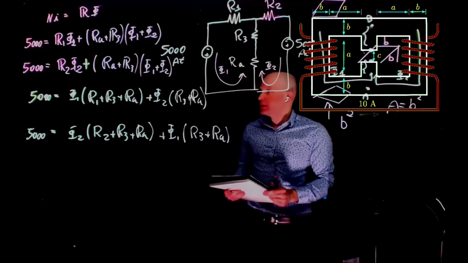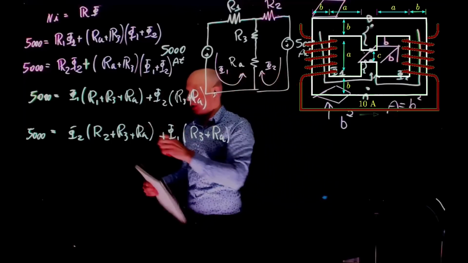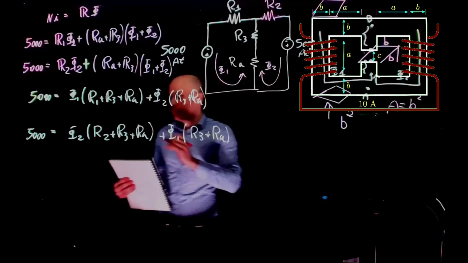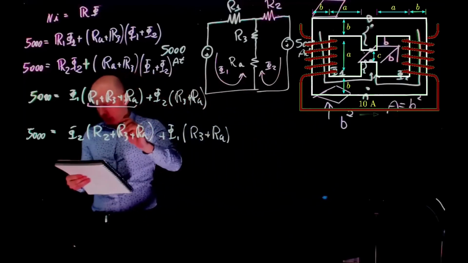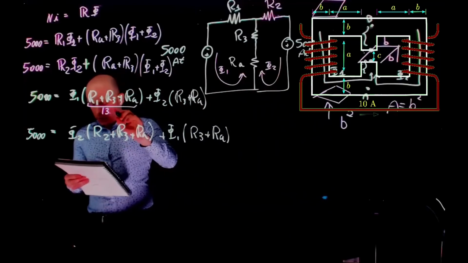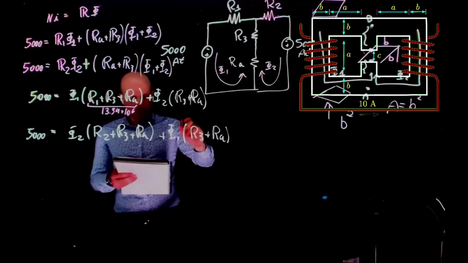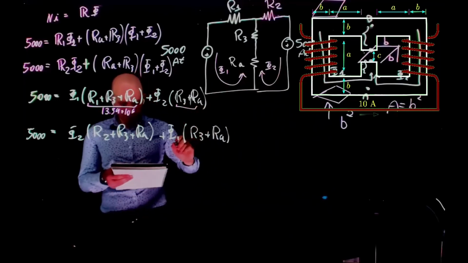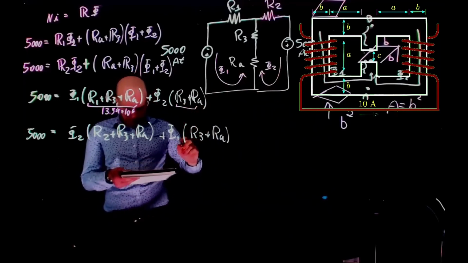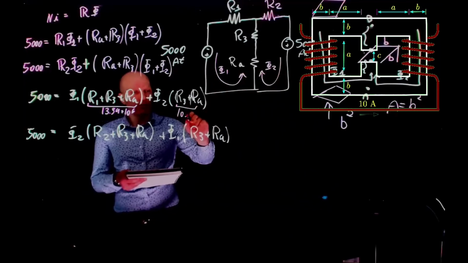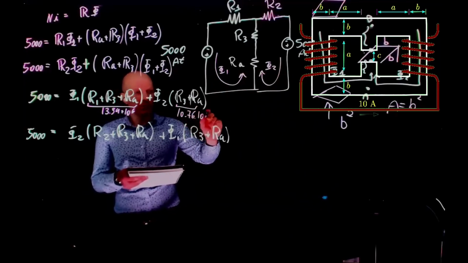Now we can replace the numerical values that we found before. This one here will be 1334 times 10 to the power of 6, and this one here will be 1075 times 10 to the power of 6.